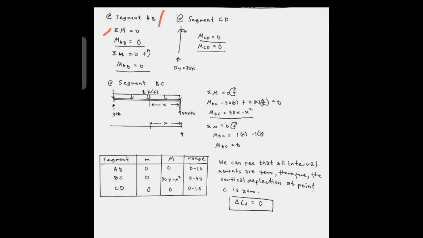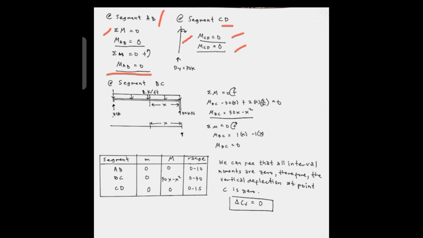Next is the summation of internal virtual moment, equal to 0 counterclockwise, in which our virtual moment in AB is equal to 0. So moving on to segment CD, our internal moment in the real system and the internal virtual moment are both equal to 0 since no other forces are involved.